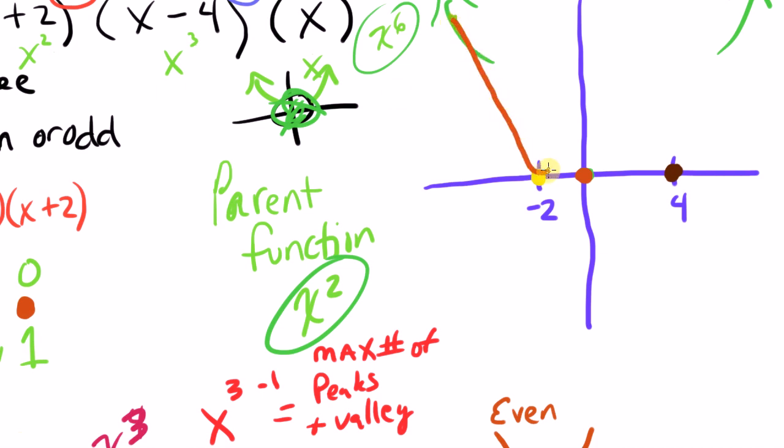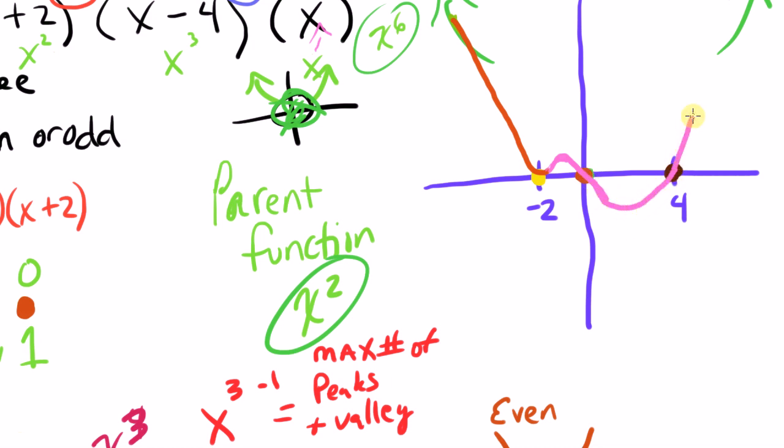I'm going to change the color on the graph so you can see what happens there. So it bounces off. The multiplicity on the 0 is only 1, it's right there, so it's going to go straight through. And where does it have to go? It's got to go through this point right here, so it's just going to start coming back up and off to infinity.